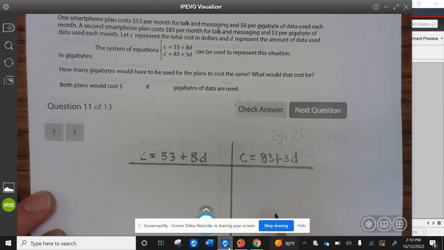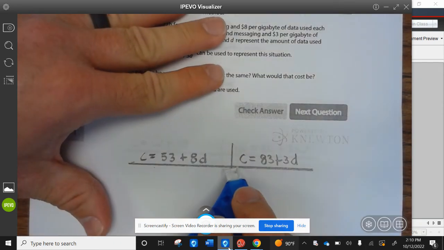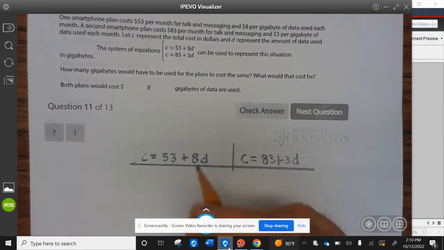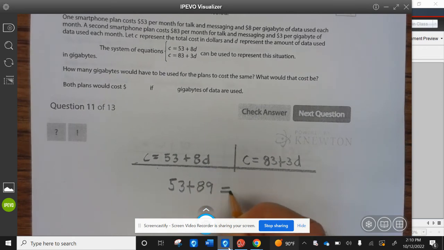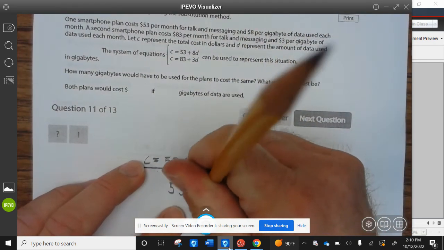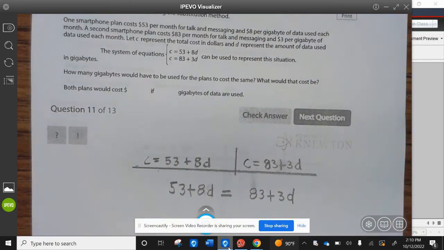So we can say that $53 plus 8D is equal to 83 plus 3D. Okay. Let me correct that. My D looked like a 9, so 8D.